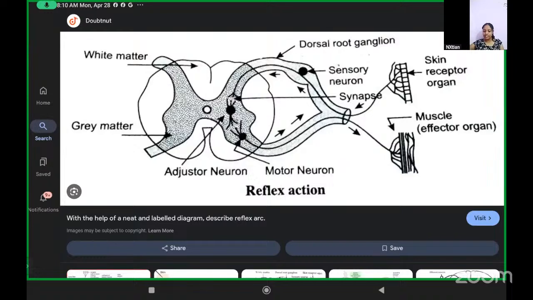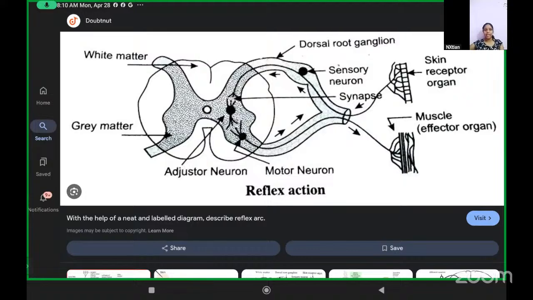Sensory neurons and motor neurons are there. Then the synapse is marked. The skin receptor organ is marked, and the muscle effector organ is marked. This diagram is mentioned for the reflex arc.